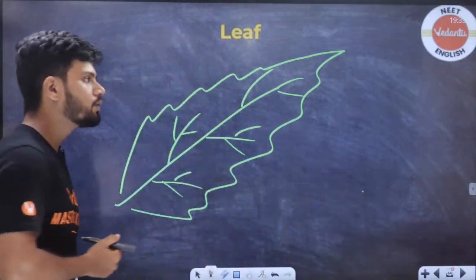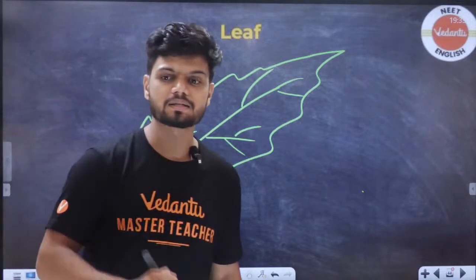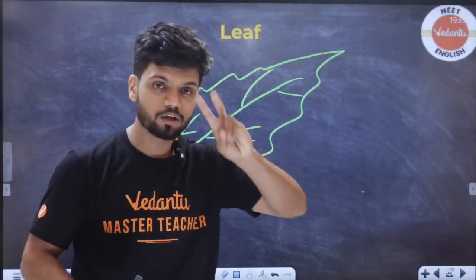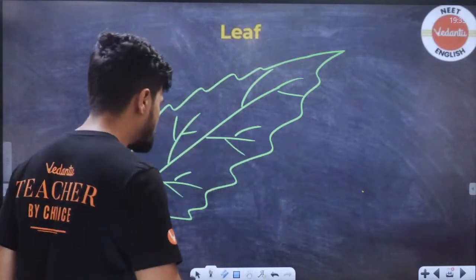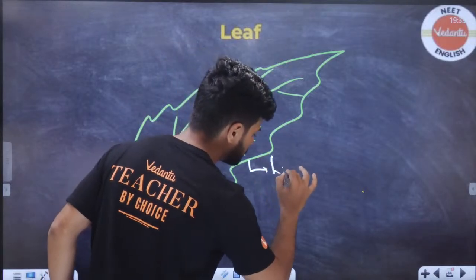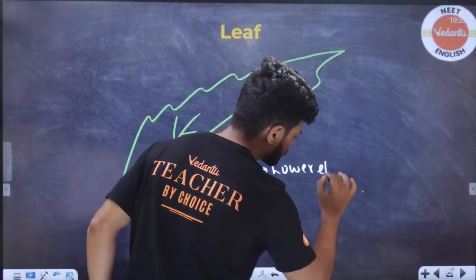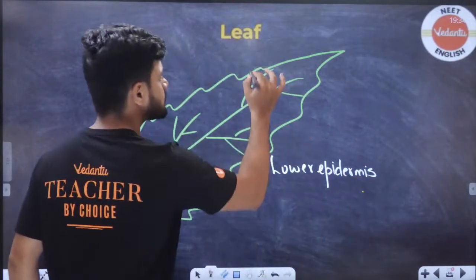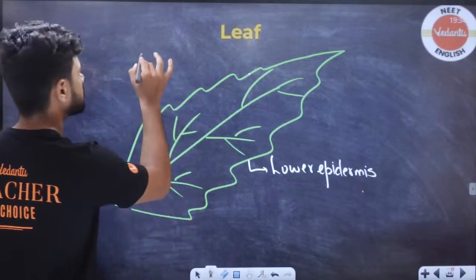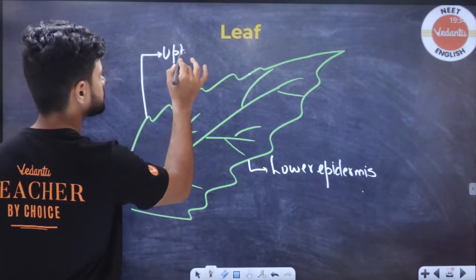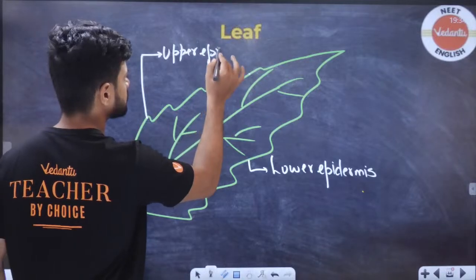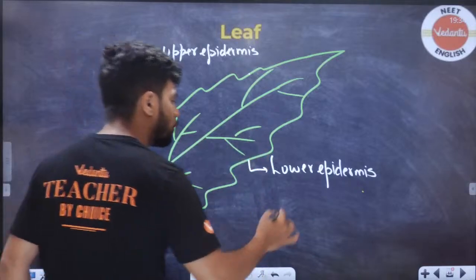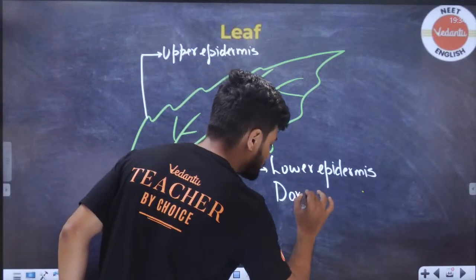Okay. Now your leaf usually has two different epidermis, upper epidermis and lower epidermis. This is called your lower epidermis. This is called upper epidermis. Students understand, lower epidermis is also called the dorsal side.